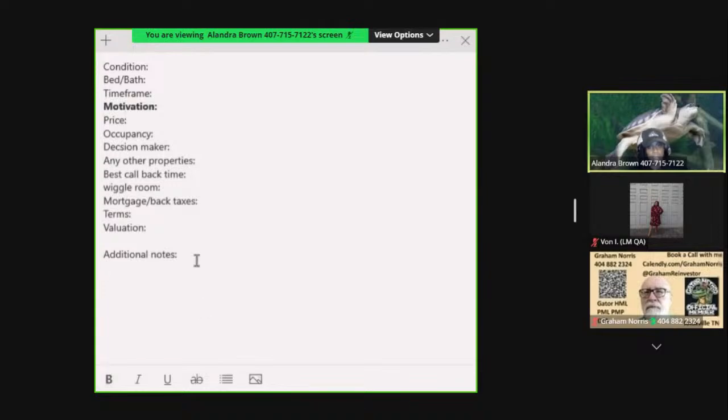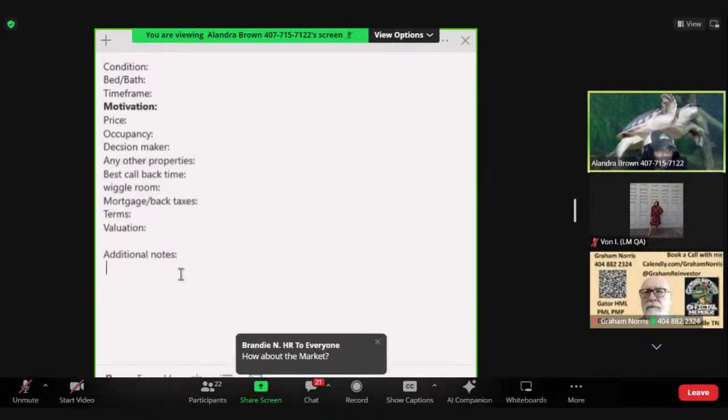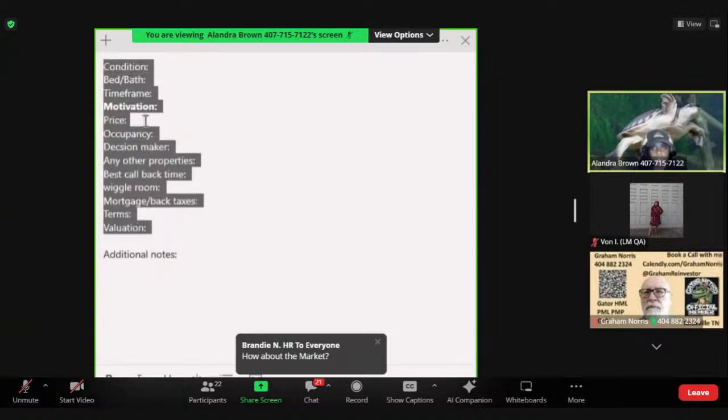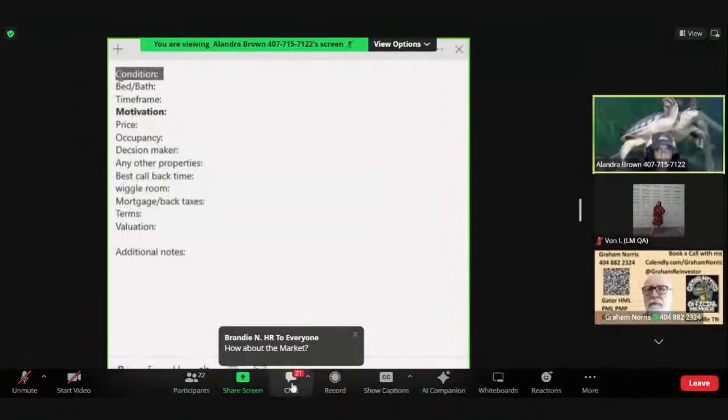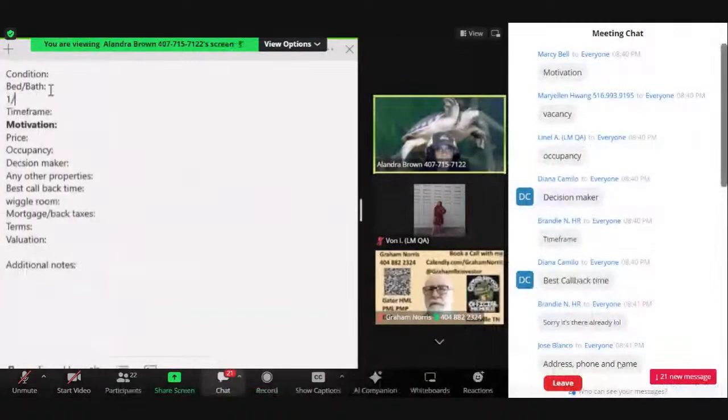All right, I think this is it. If we're missing something, I probably don't get it myself. So how about the market? No, I think this is pretty much the basics of what you guys get graded on. This is your criteria, right?